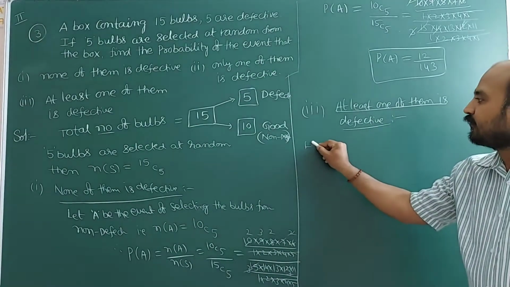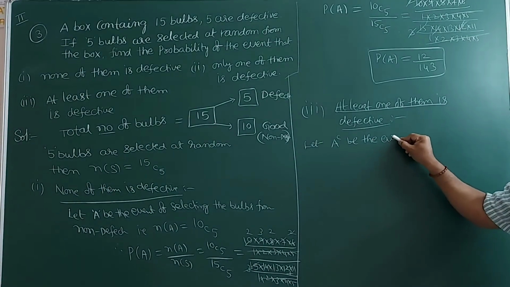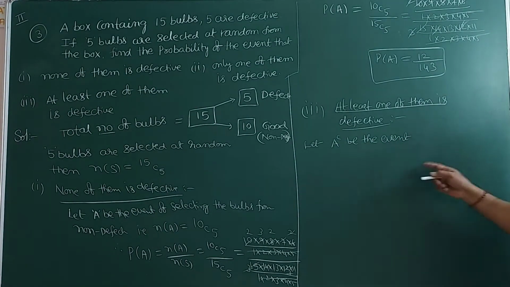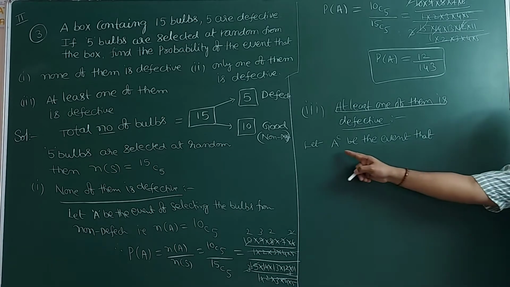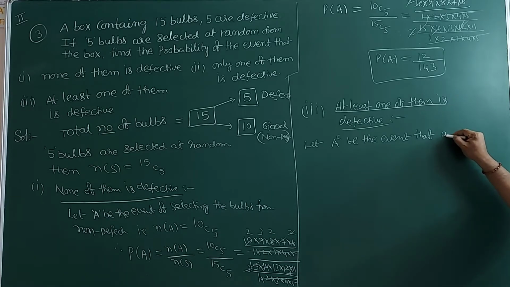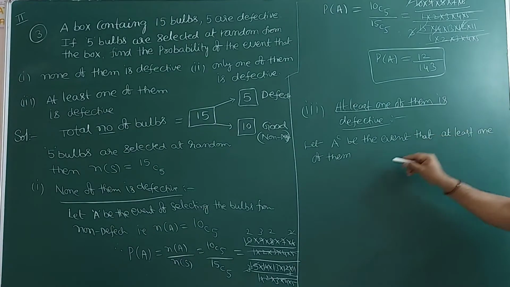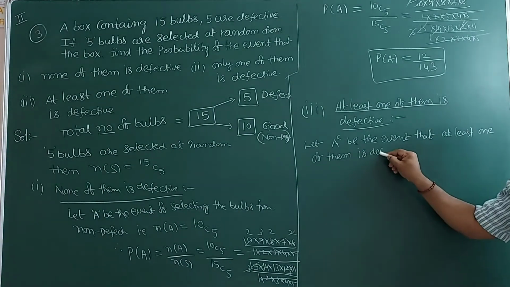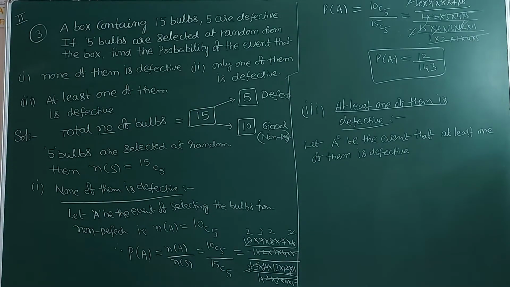So let A complement be the event that at least one of them is defective.